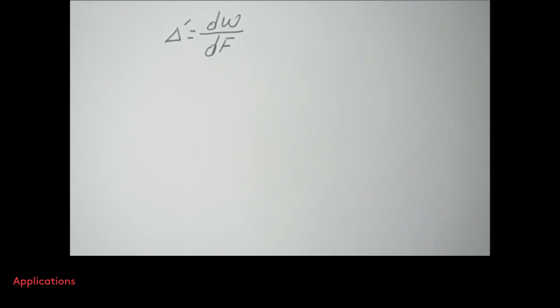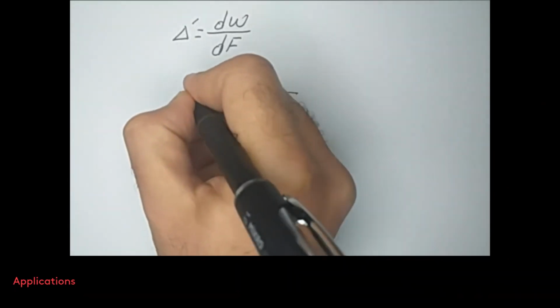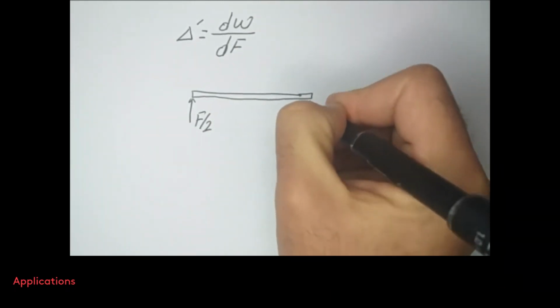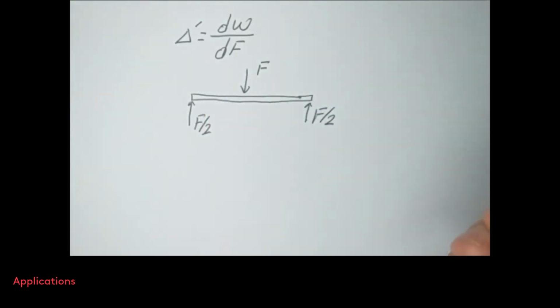So remember that this was our beam. It is symmetric. We have two forces on either side and I have one force here, F. Now again I will cut the structure from the left hand side in order to determine the shear force and moment distribution.